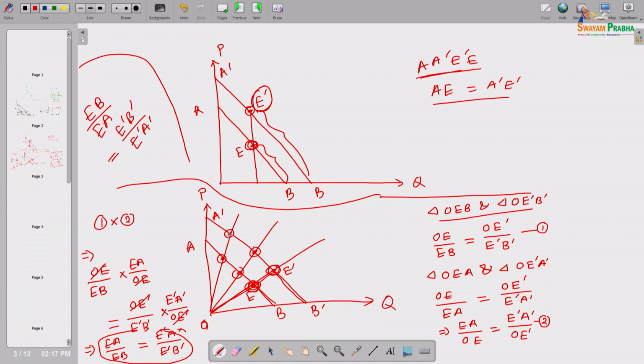Now let us discuss different types of demand curves and their elasticity of demand values, depending on the elasticity value. Let us draw five alternative diagrams.